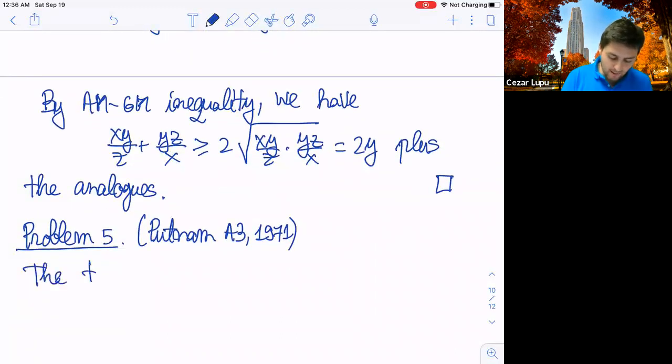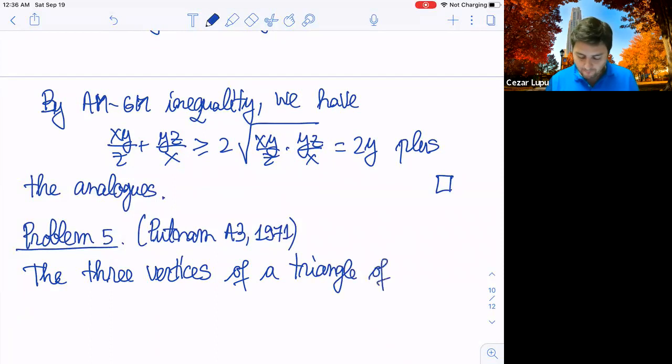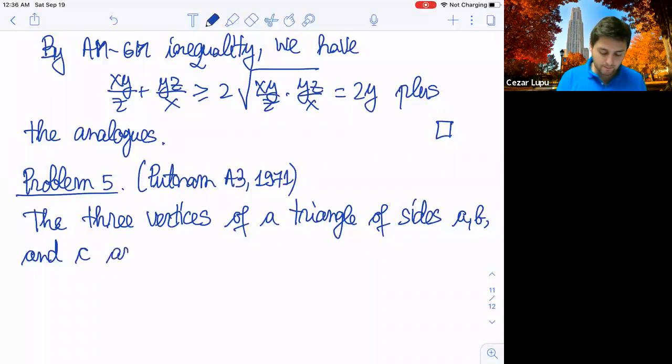The 3 vertices of a triangle of sides A, B, and C are lattice points. I think we have said a few things about these at this point.